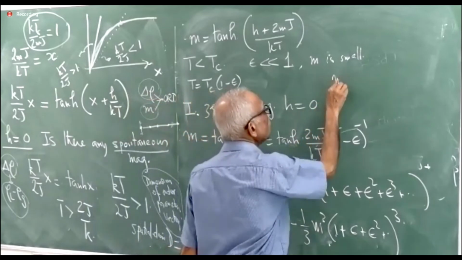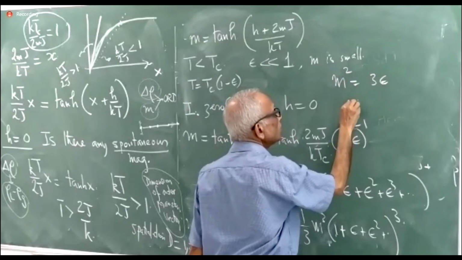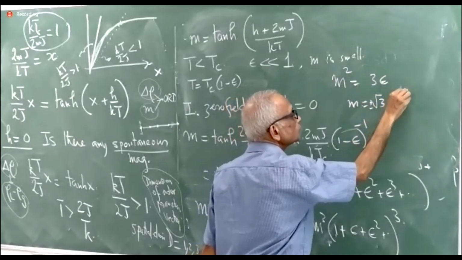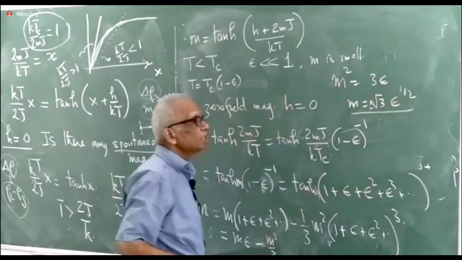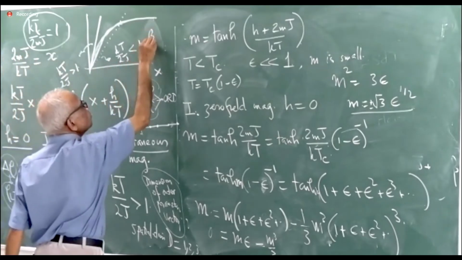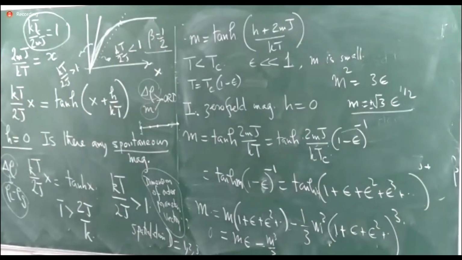So M squared is equal to 3 epsilon, M equal to plus or minus root 3 epsilon to the power half. So there you are, the exponent. We get the exponent beta very easily. The exponent beta for this transition is beta equal to half, exactly the same as the van der Waals answer.